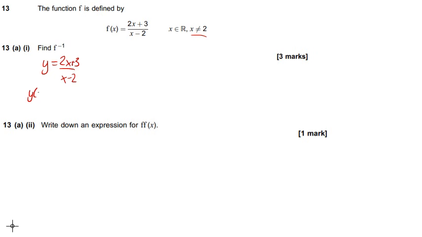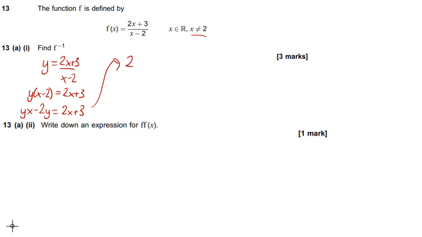So cross multiply first of all, multiply everything out, and then we'll move all the x terms to the left and all the y and all the other terms to the other side.